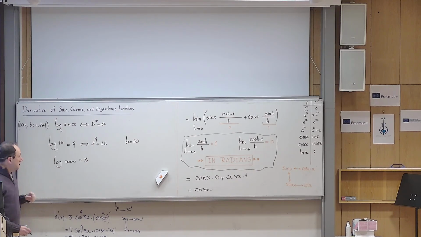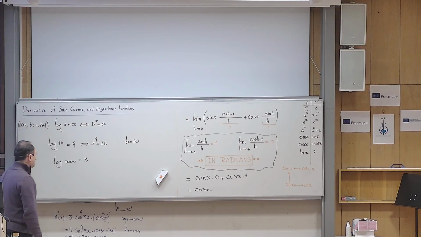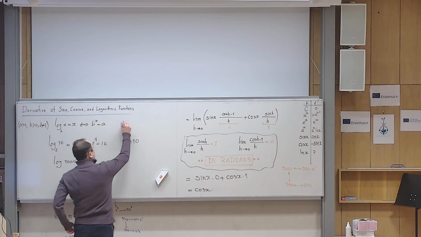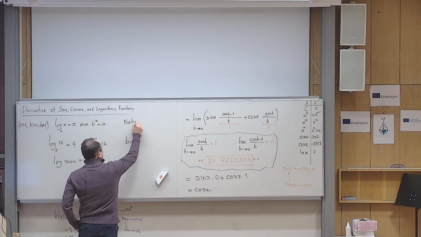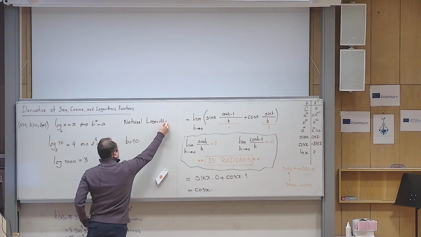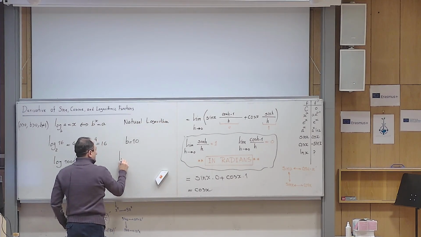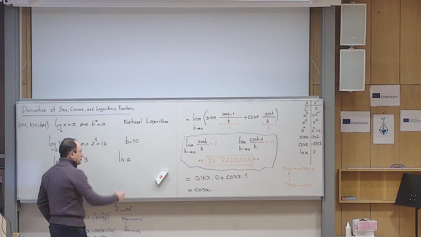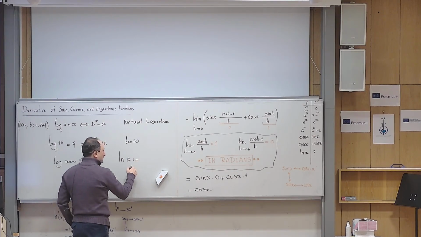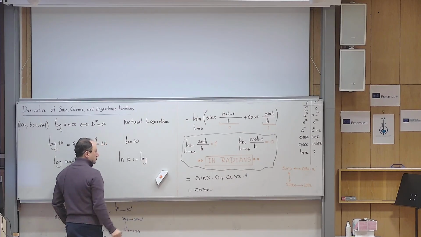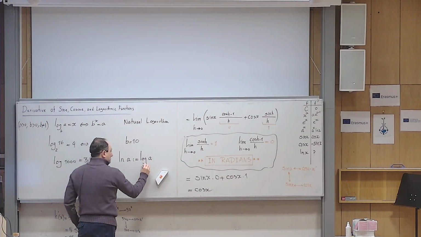Okay? There are some properties of logarithms. I don't want to go through them. But one thing that I want to say is: what is ln, which is called the natural logarithm? Whenever you see ln of a, this means, the colon means it is equal by definition, the same as log of the same number, but the base is e.